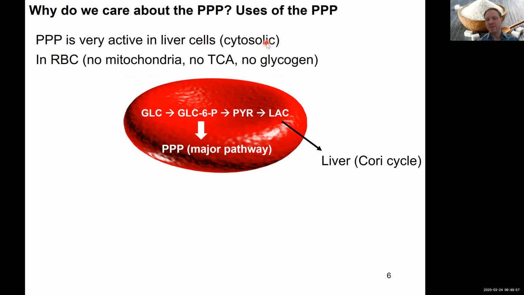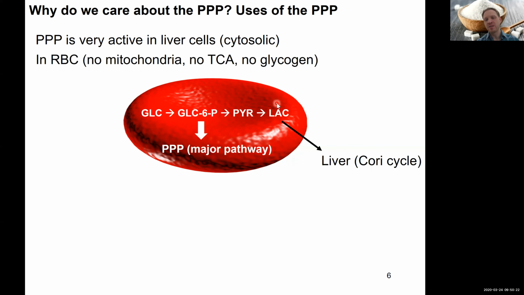The PPP is very active in these cells too. And remember, we had discussed in the context of fermentation that mature red blood cells do not have mitochondria. They are not performing the TCA cycle, and they're also not storing any glycogen. So when they take up glucose, they will do glycolysis all the way to pyruvate, but then they will do lactate fermentation, right?